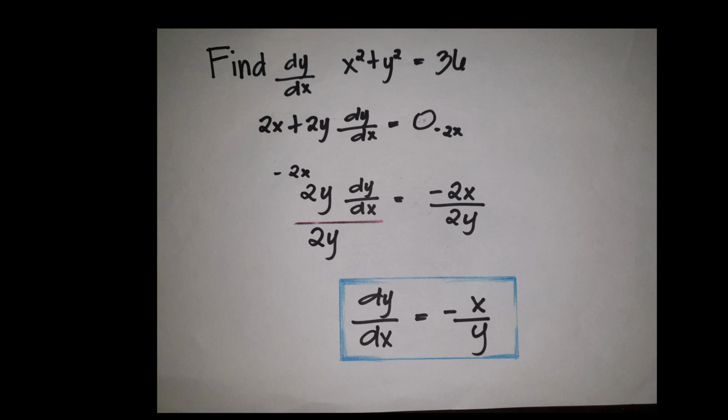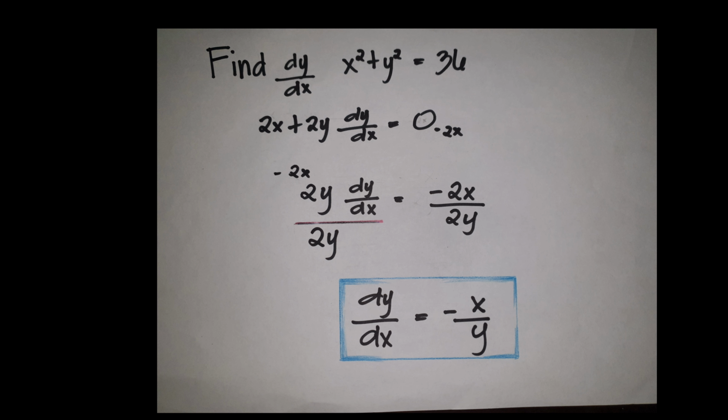This is the difference between implicit and explicit differentiation. Moving on, you need to differentiate both sides of the equation. If we look at the right-hand side, since we have a constant number, 36, the derivative of that will be 0, as it always is for a constant, so we just write 0. Then proceed to the second step, which is to get dy dx alone.